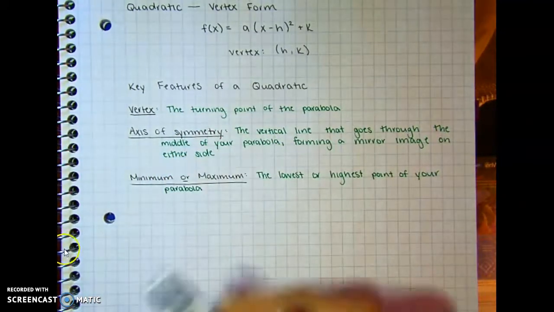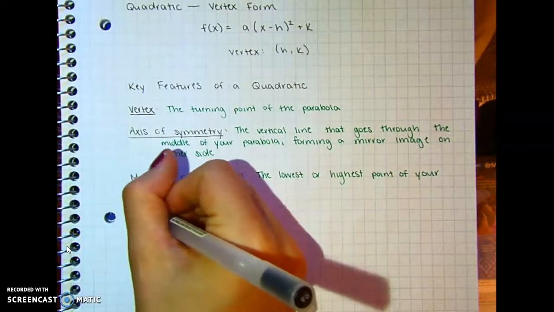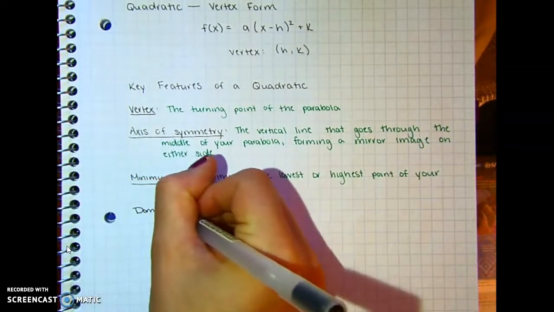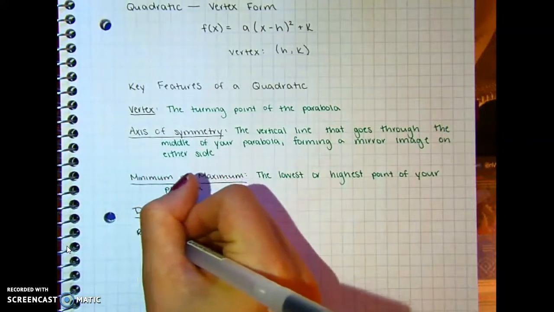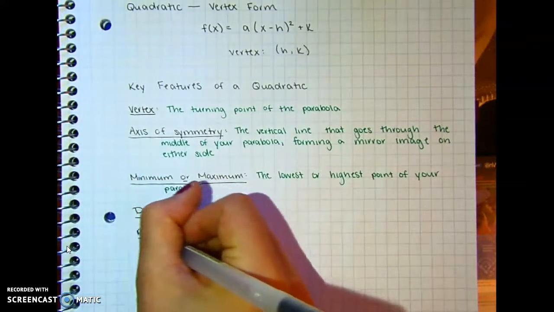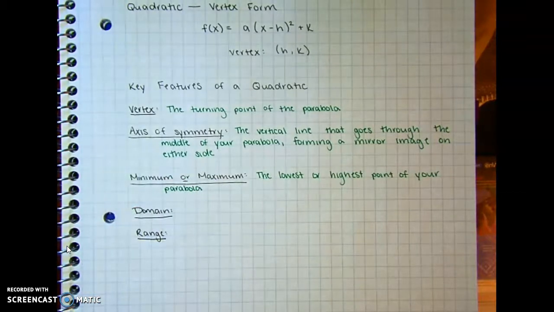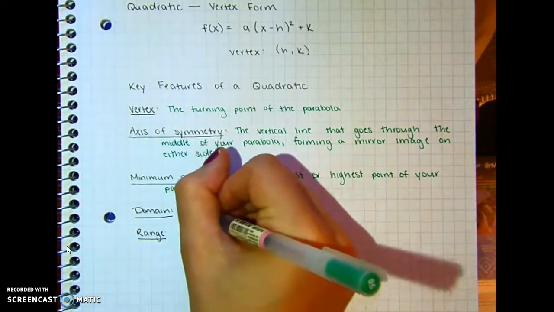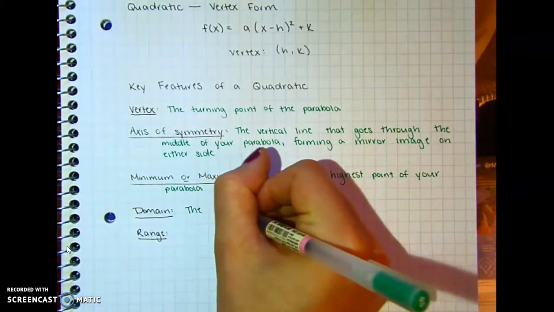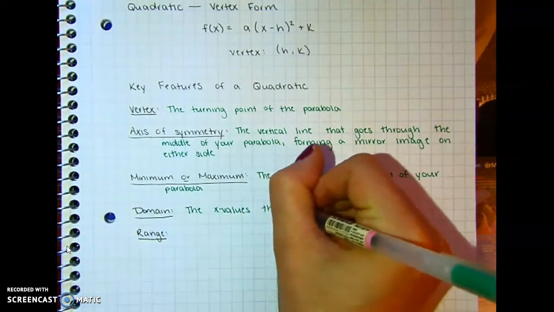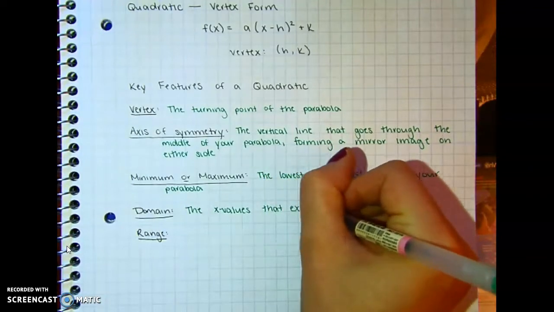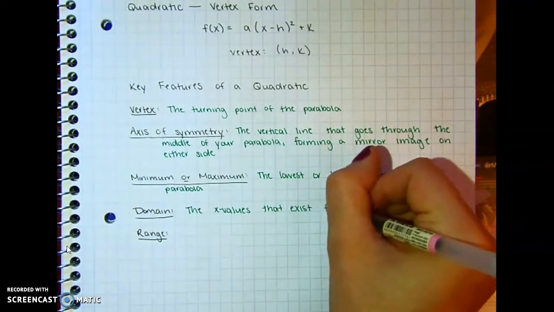And then the domain and range. So we've really done all of these. It should be a review. So domain are the x values that exist for the parabola.